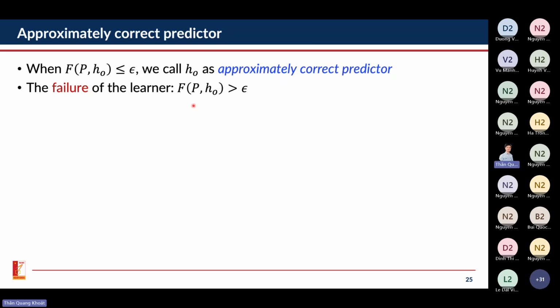And in this case, the test error can be high, right? And this shows the failure of the learning. Otherwise, this model can be considered as an approximately correct predictor with a very good accuracy, with a very good error, and it can generalize well, right?